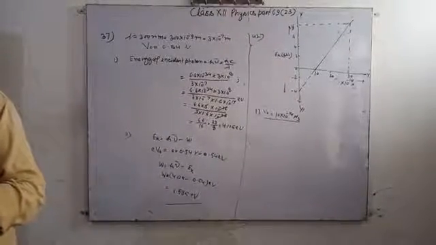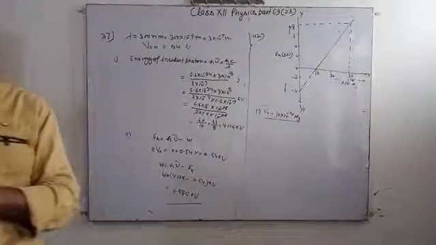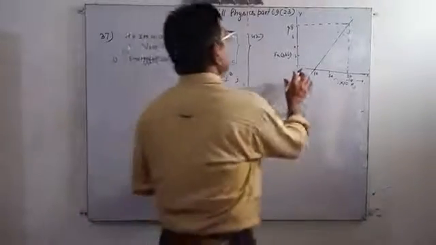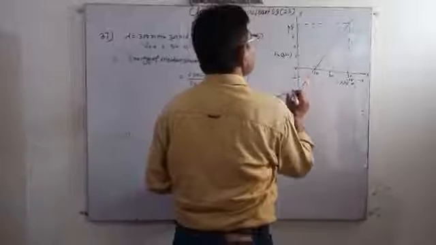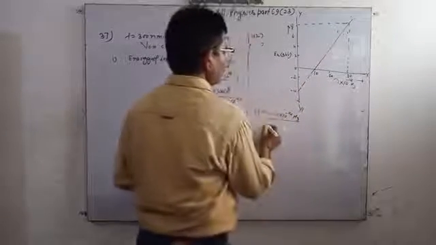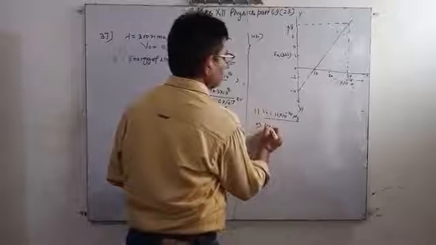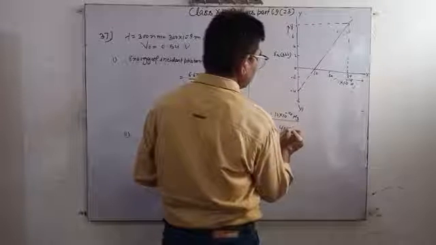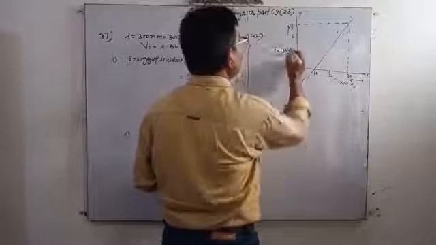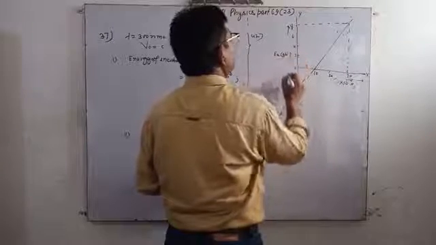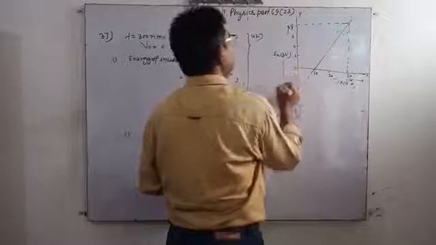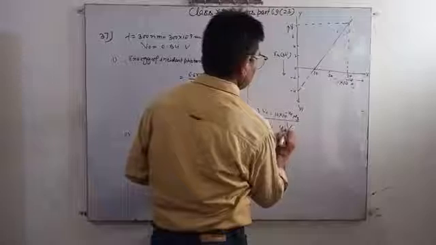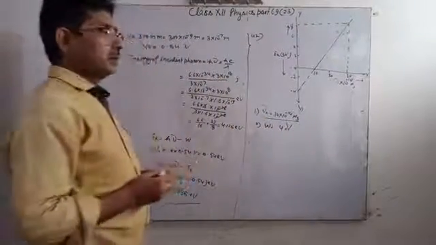Now the work function, please. Work function W is the intersecting point on the y-axis, so the work function W equals 4 electron volt in magnitude, because the maximum kinetic energy is given in electron volt. So the work function from this graph is 4 electron volt.